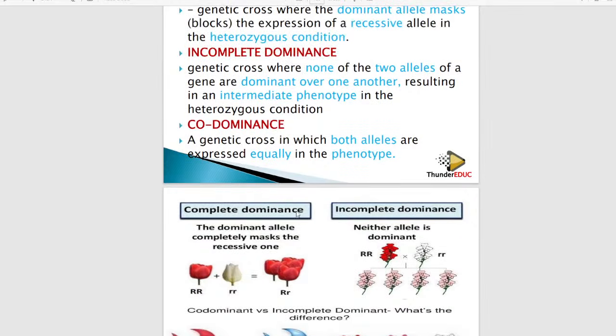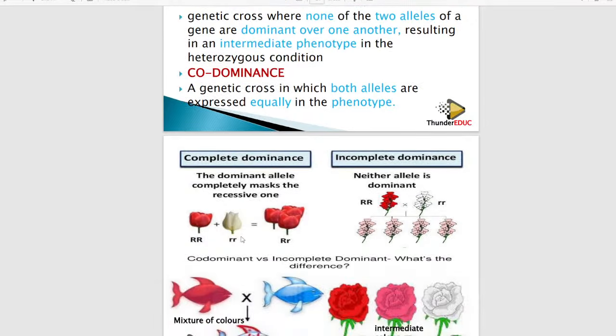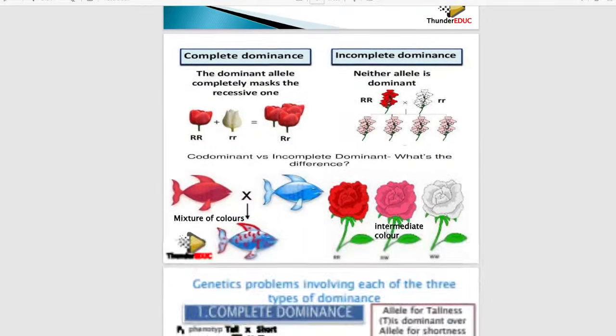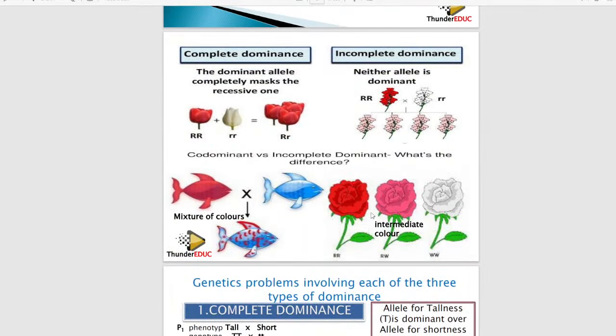Here this is complete, where at least one allele is recessive. In incomplete, when you combine the two, white and red, you produce an intermediate color which is pink. While in codominance the cross is the same, but here you produce a mixture of the two original individuals.